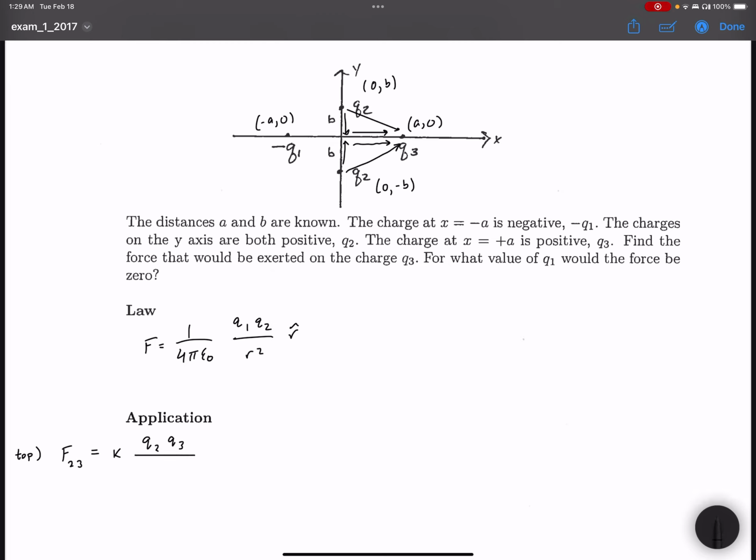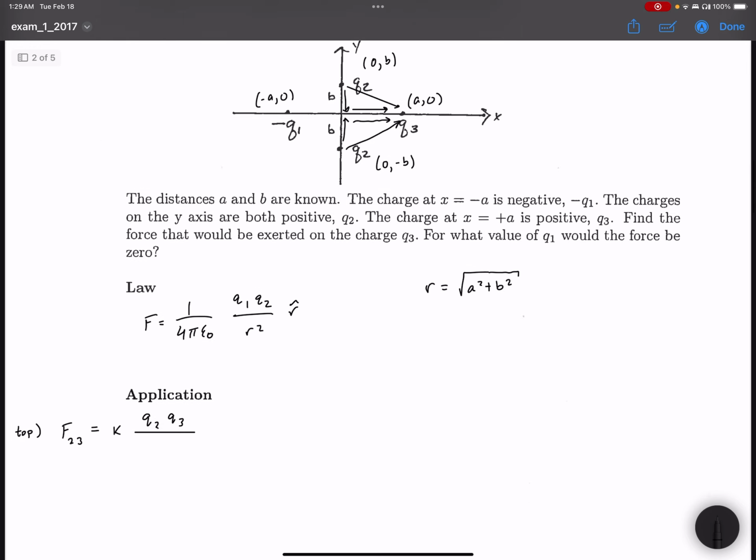So what is R in this situation? R is, for Q2 and Q3, the square root of A squared plus B squared. That's because this is a distance B away from the origin, and this is a distance A away from Q3.